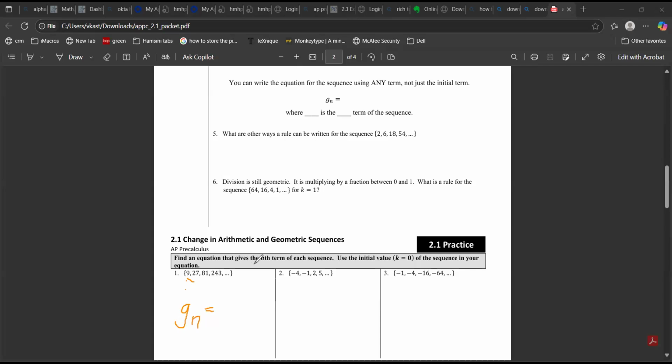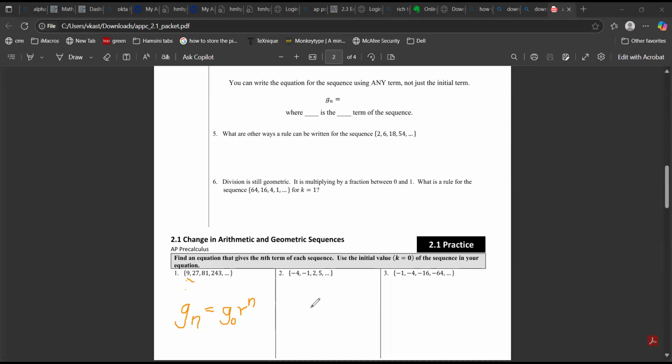So Gn, they are giving the 0th term. Find an equation that gives the nth term of each sequence. Use the initial value k equal to 0. They want us to consider the kth term to be 0, so I'm going to start from G0, right? So G0 times the common ratio R power of n minus k, right? K is 0, so R power of n.